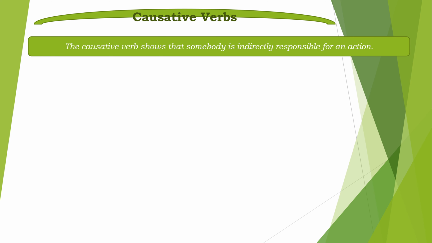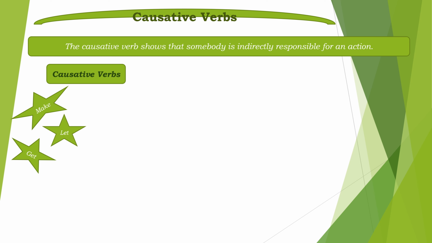We can understand the difference between a causative sentence and a regular sentence. Before that, let's have a look at the four causative verbs. Make, get, let, have. Now let's have a look at the examples one by one.